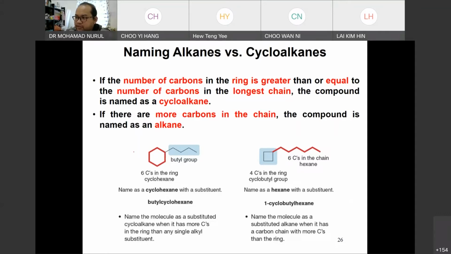For example here, if this one is C6 and this one is C4, we prefer to use the ring as the parent name. Okay, and if we have, for example, a lower number of carbons in the cyclic ring, for example this one is C4 and this one is C6, we use the chain as the parent name. Okay.